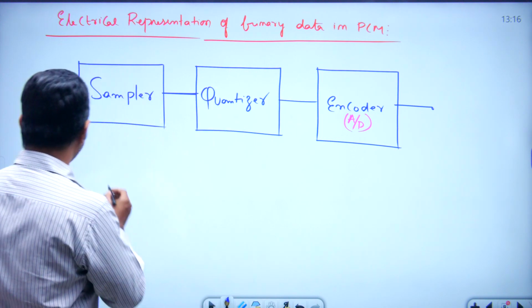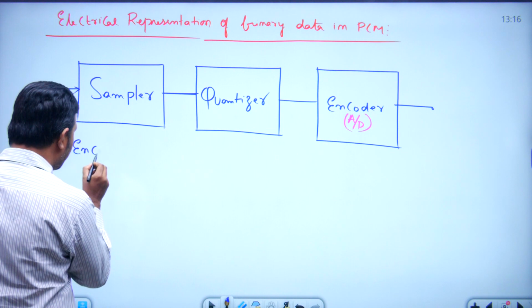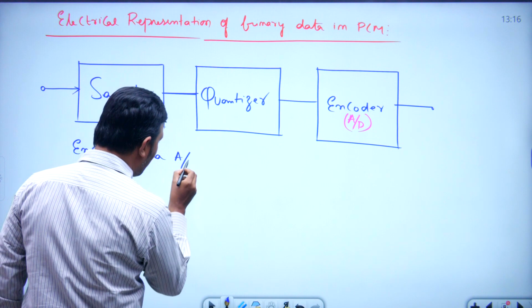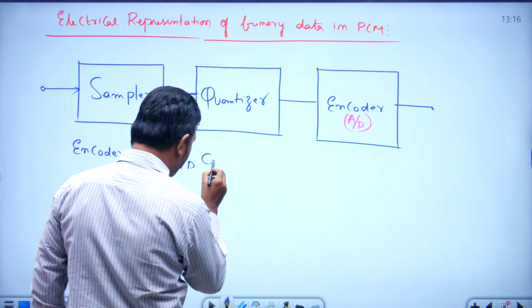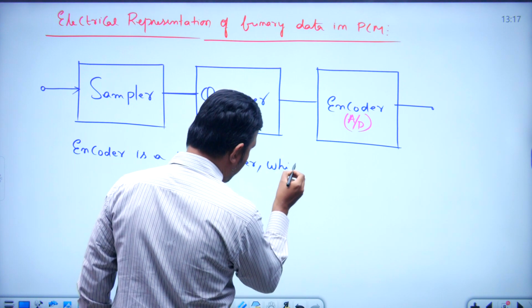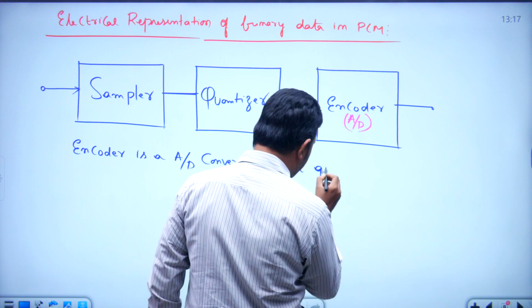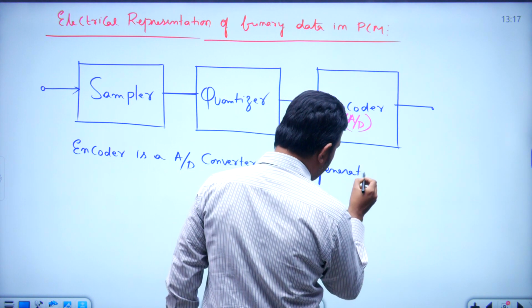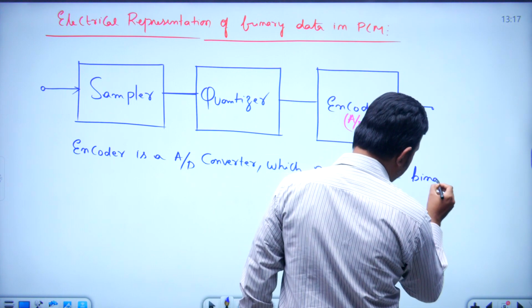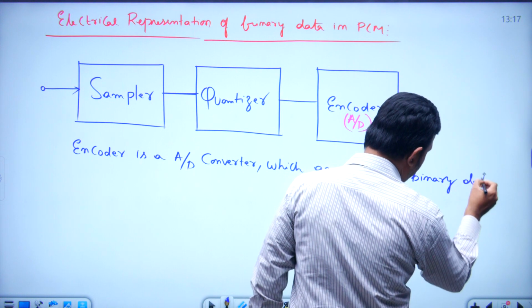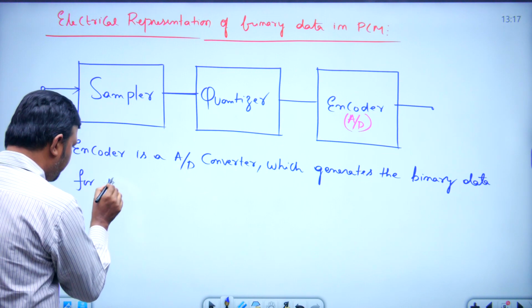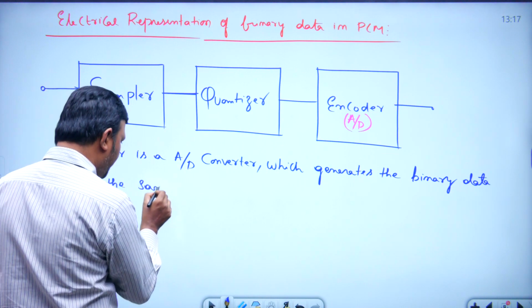Okay, let me write: encoder is an A to D converter, meaning analog to digital converter, which generates the binary data for the sample values.